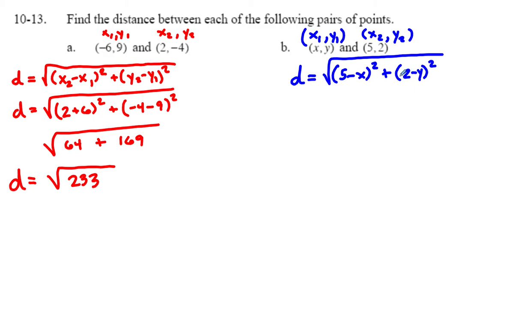There's no real reason to go any further. Now, if you did it the other way, another answer could be the opposite: you could have (x minus 5) squared plus (y minus 2) squared. Depending on which way you did those points, you end up with this or this. With the first one, it doesn't matter which way you do it, you're going to end up with the square root of 233 no matter what.